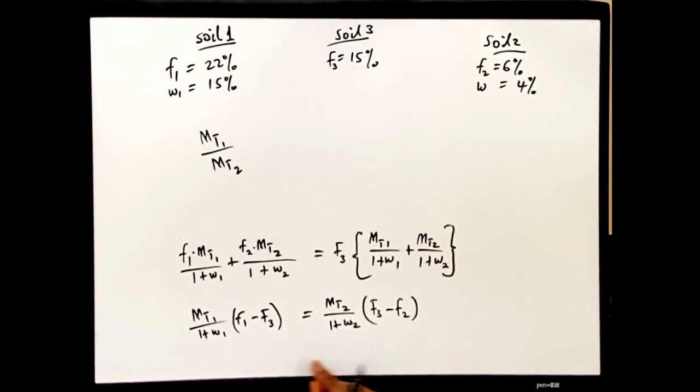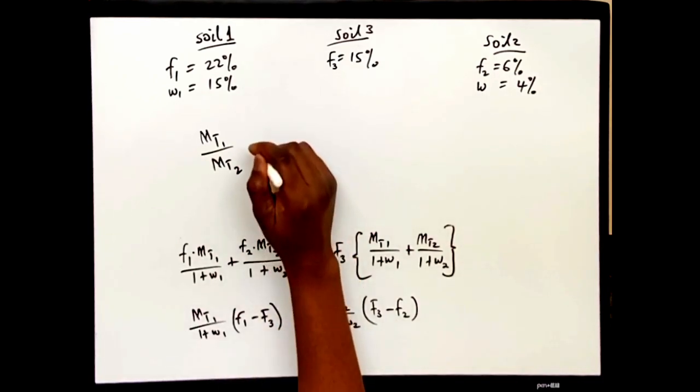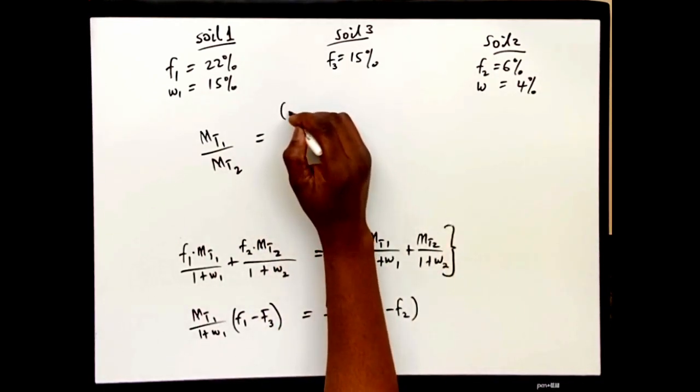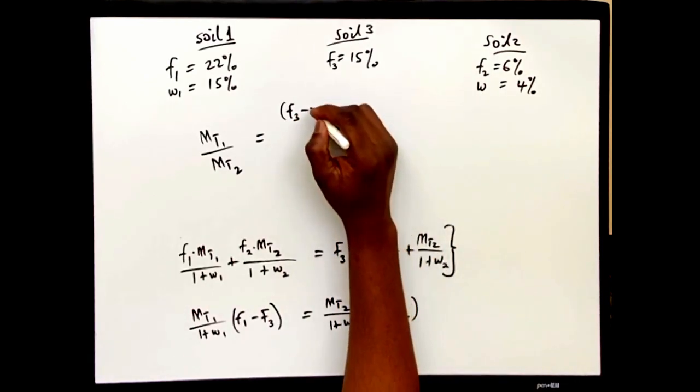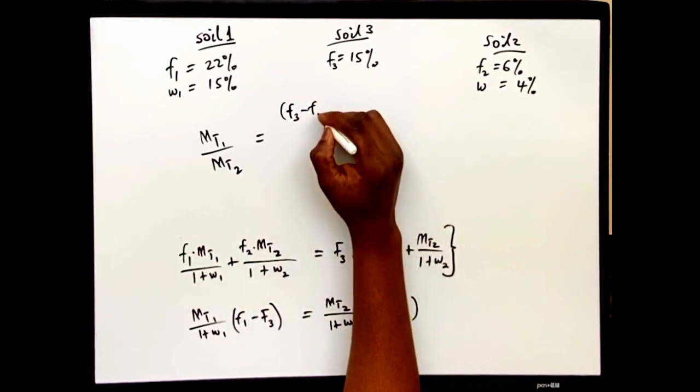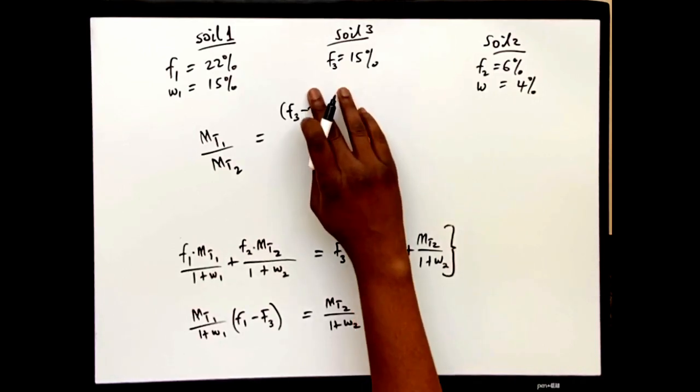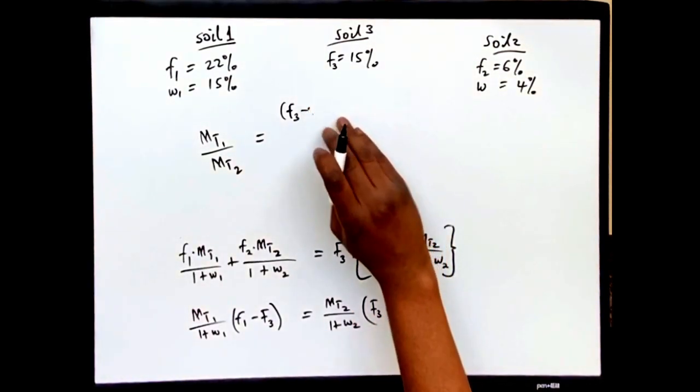Good. So let's see, you would have F3 minus F2, and 1 plus W1. And this is just algebra, so we left soil mechanics a little while back. As soon as we got our relationships, it was algebra from then on.